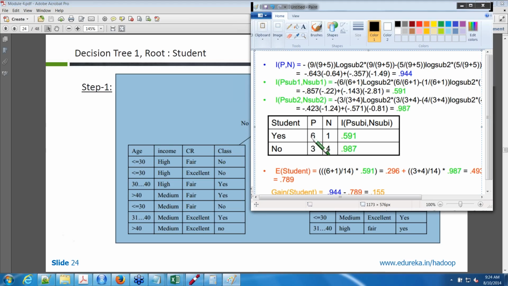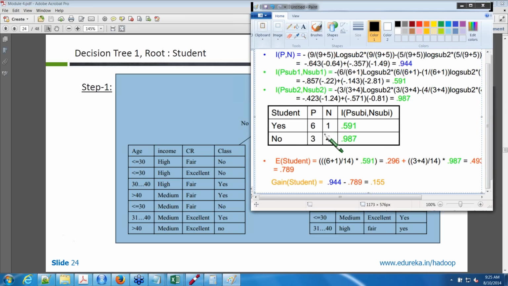Okay. So if you take this branch, we are going to get this result set. Out of which, if you take 6 plus 1 divided by the total number of records, which is 14, multiplied by the value we got over here, 0.91 for student yes, and similarly for no we got 0.97.